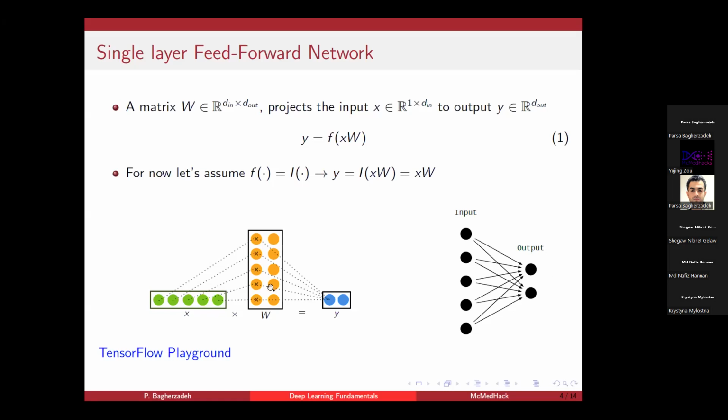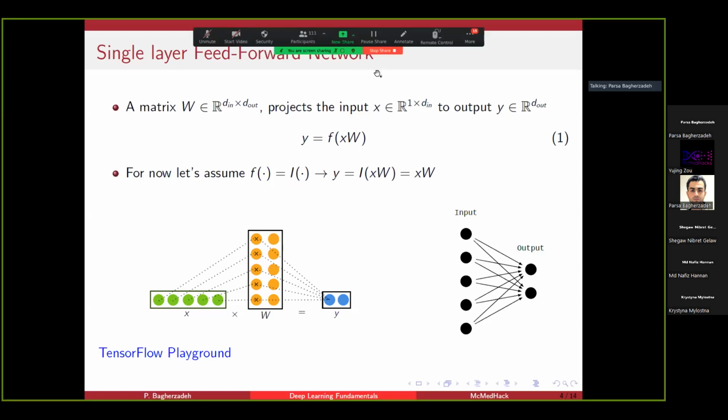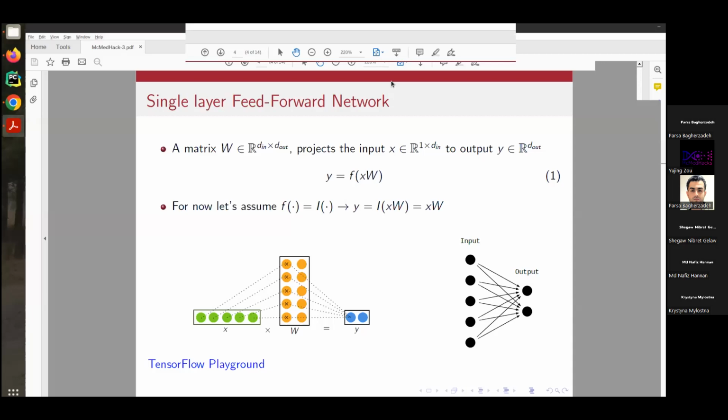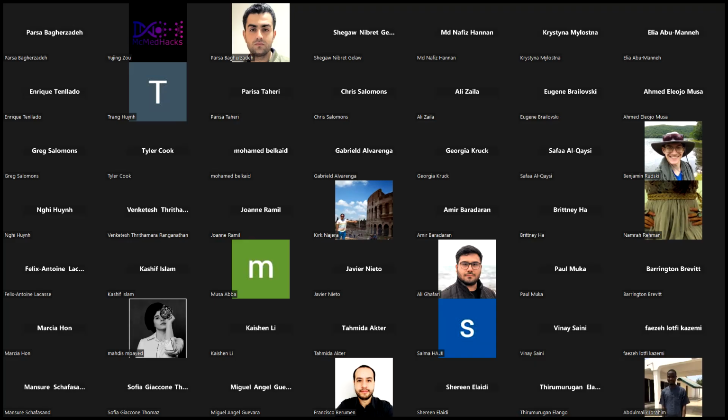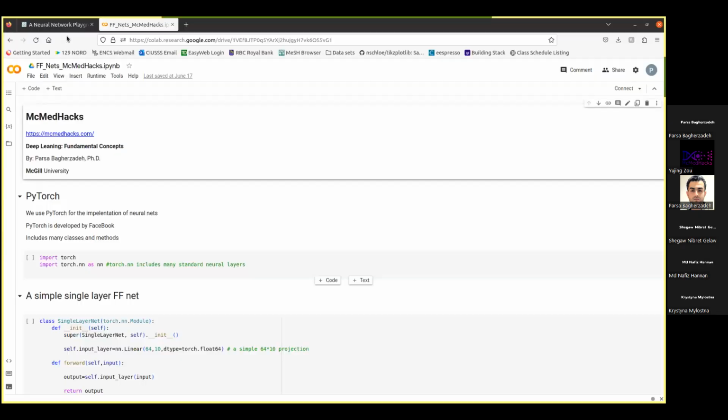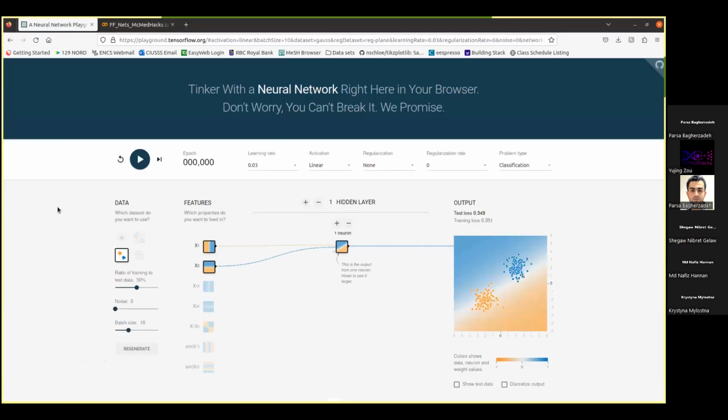Okay. So at this point, let me introduce the TensorFlow Playground. Let me briefly talk about what the TensorFlow Playground is and look at a simple neural network.